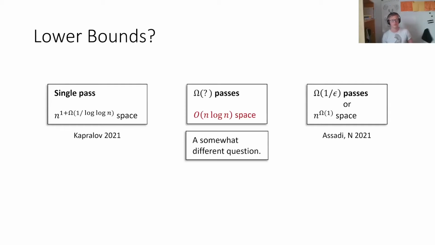The question we were answering is somewhere in the middle ground, asking how many passes do you need if you have tightly linear space. And this question is not directly comparable with the lower bound results, but of course it would also be nice to know whether our algorithm is optimal, at least up to polynomial terms.